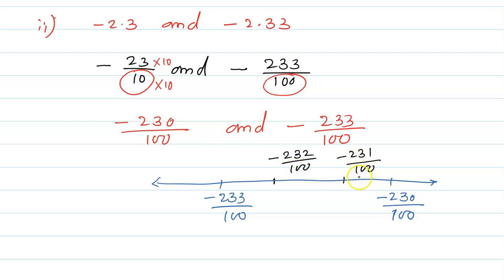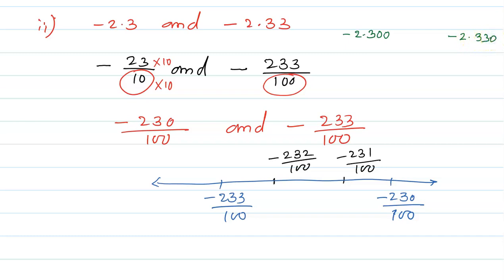But now once we look over it, the decimals are of the form minus 2.3, which means minus 2.30, and minus 2.33, or we might convert them so that after the decimal we have three digits, up to the thousandth place, and we have minus 2.330.